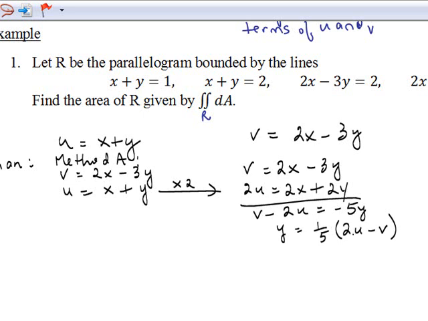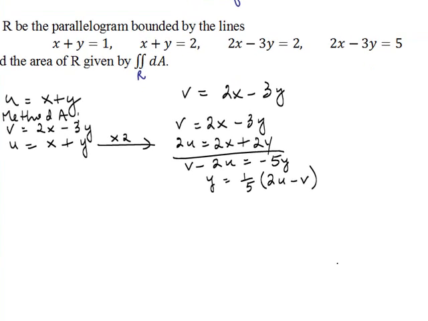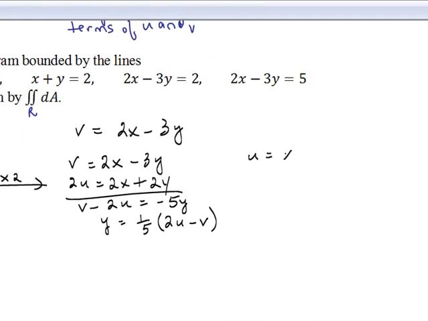Any questions here? I hope I didn't make any errors here. It looks good. Now take this y and substitute it in any of the equations to find x. I think I substituted into u equals x plus y, right? So u equals x plus 1/5 times 2u minus v, and solve for x.